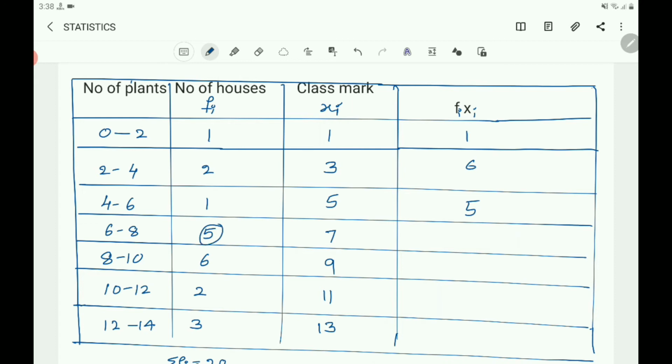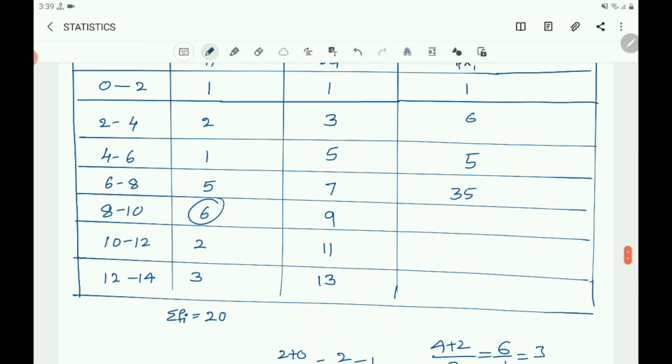And 5 into 7, 5 sevens are 35. Then 6 nines are 54. Then 2 into 11, 11 twos are 22. Then 13 threes are 39.